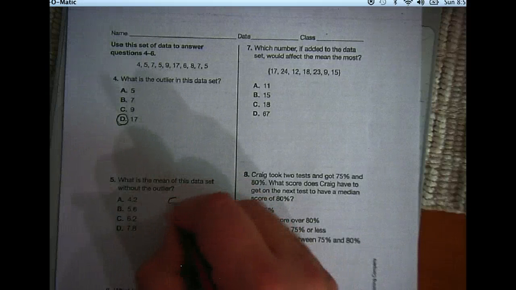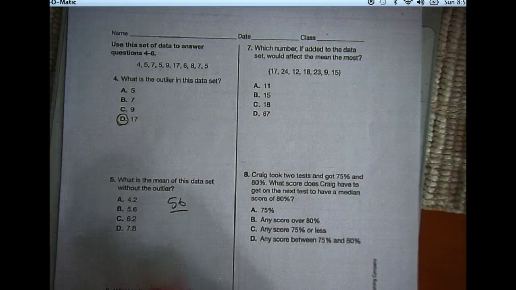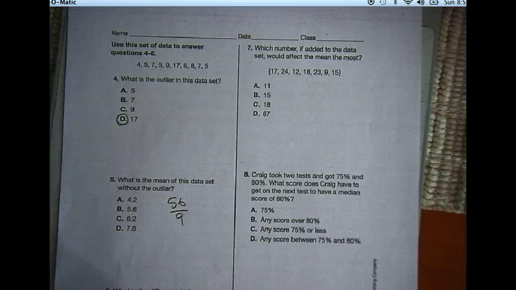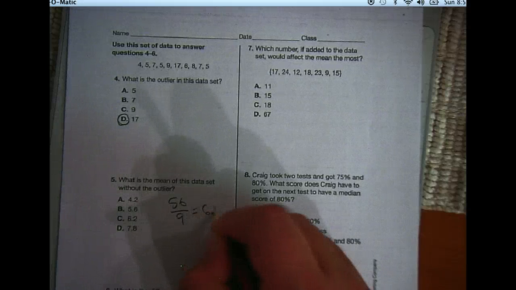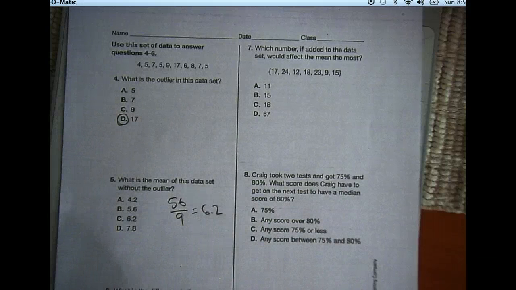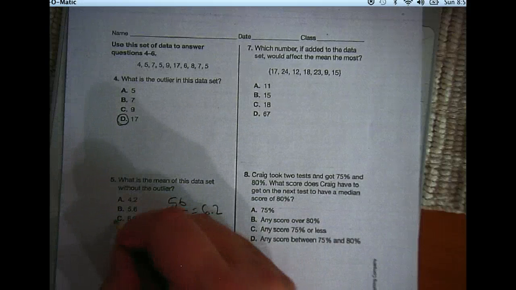So I'll take 56 and divide it by 9. 56 divided by 9 equals 6.2 repeating. So that should be 6.2.